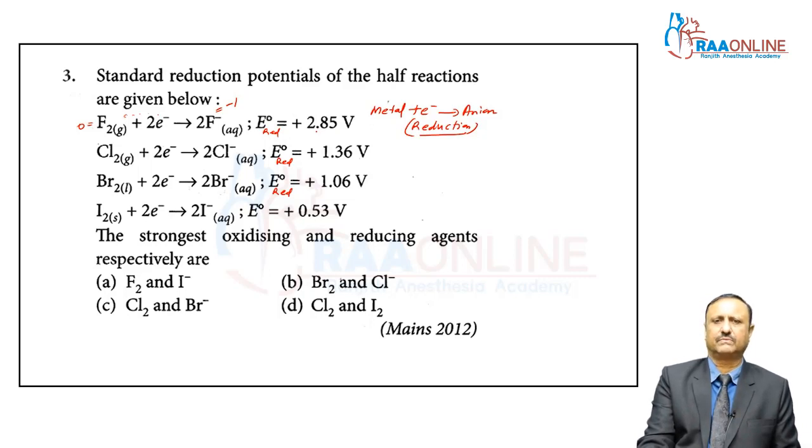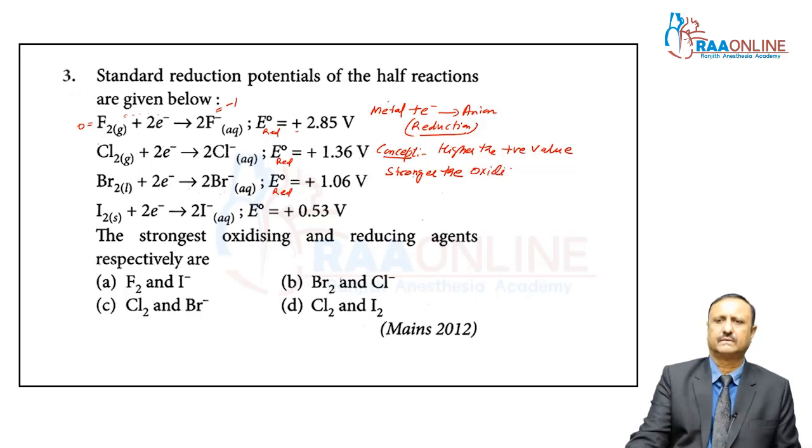So, my dear students, here you can see that these reduction potential values are positive. This is a concept we can write here: the higher the positive value, the stronger the oxidizing agent.